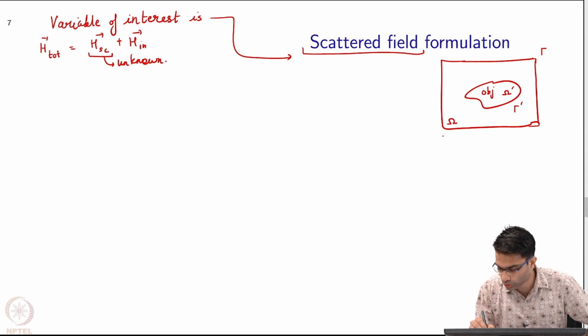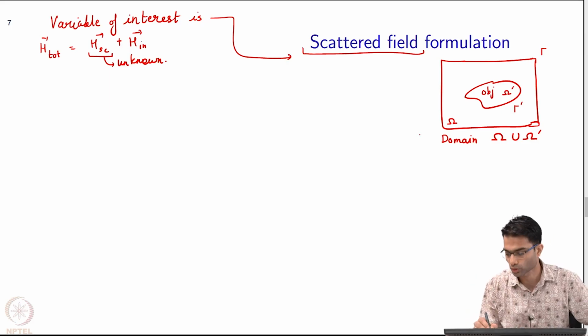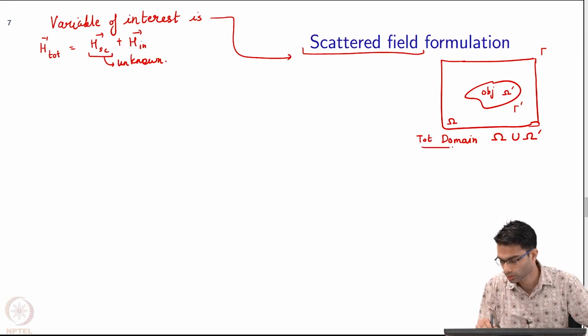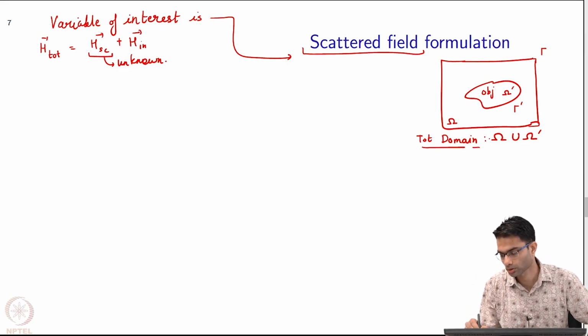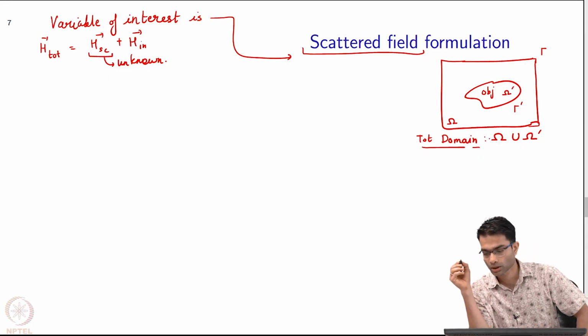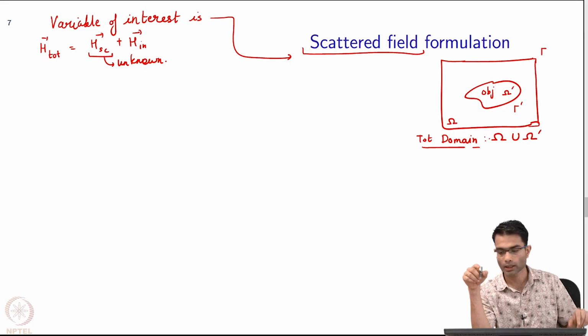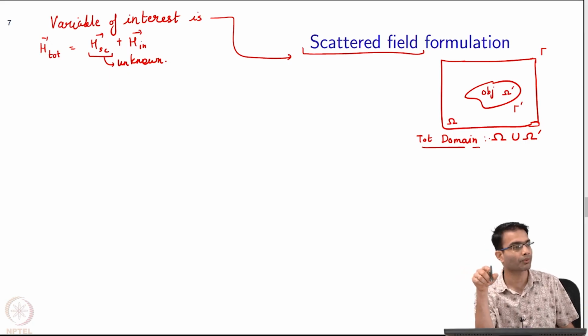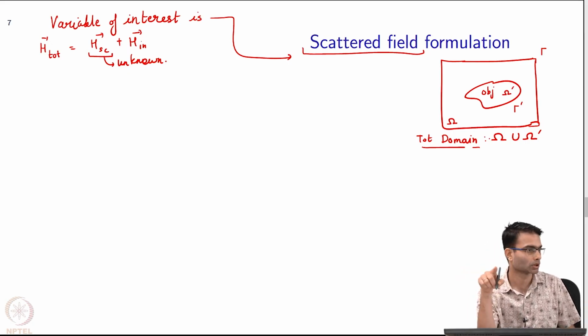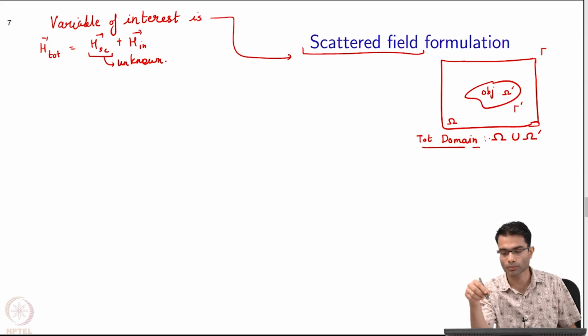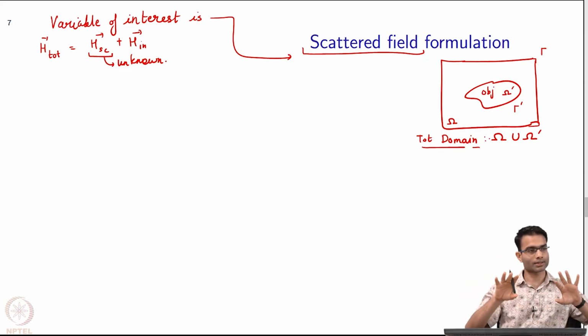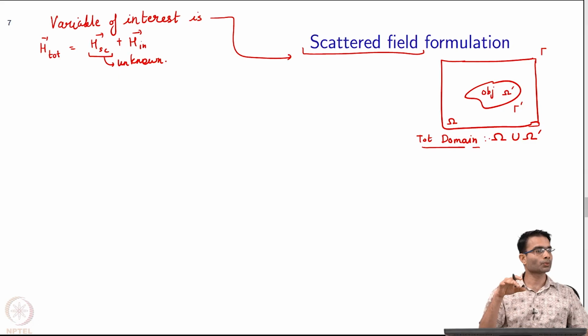The domain is the union of both, the total domain. Gamma is the outermost boundary, gamma prime is the boundary of the object, and omega is the part of the domain that does not include the object.